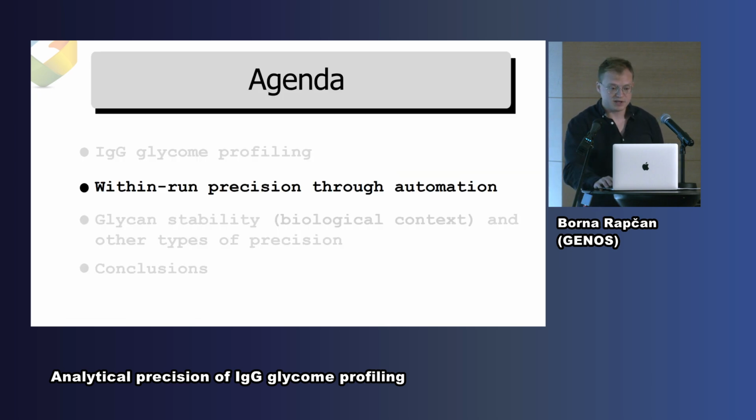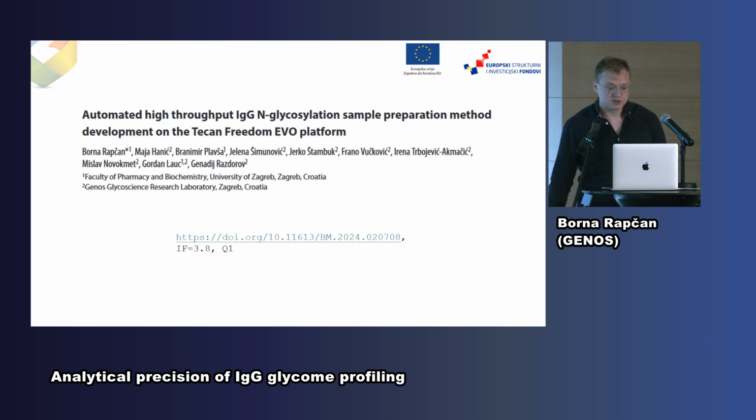And so in order to try and alleviate this some way, we developed an automated method. This paper was published in Biochemia Medica, and it's important to remember this Medica part because it's going to be very important later on.